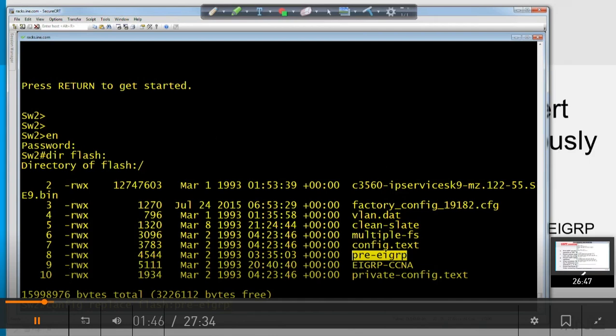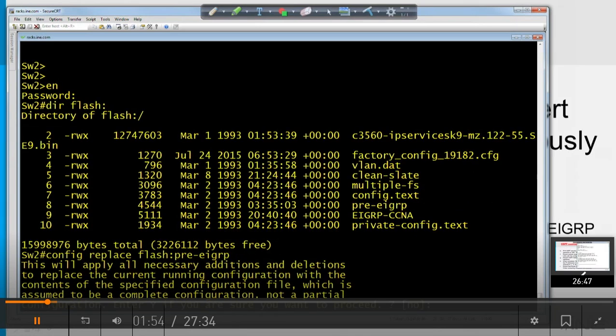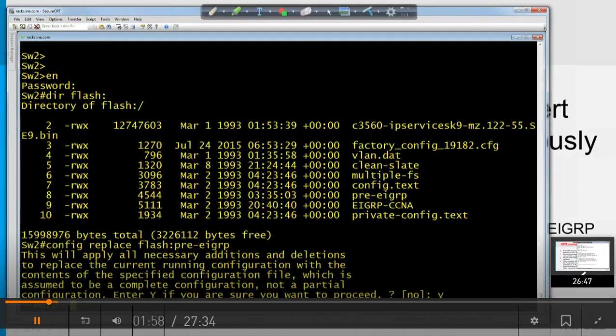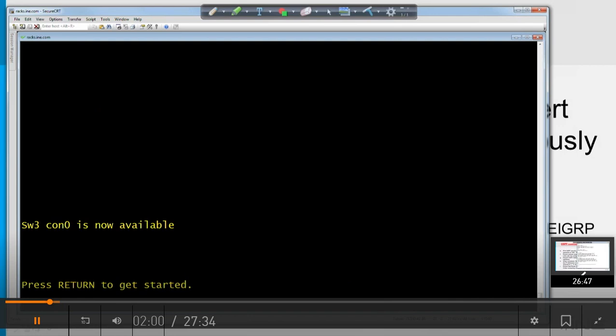But config replace actually completely removes your existing running config and replaces it with the one that you're loading. So that'll get us right back to the state we were at before I configured all of my EIGRP stuff and my delay and all that good stuff. It says, are you sure you want to do this? Yes. So let's just go through each device and do this.